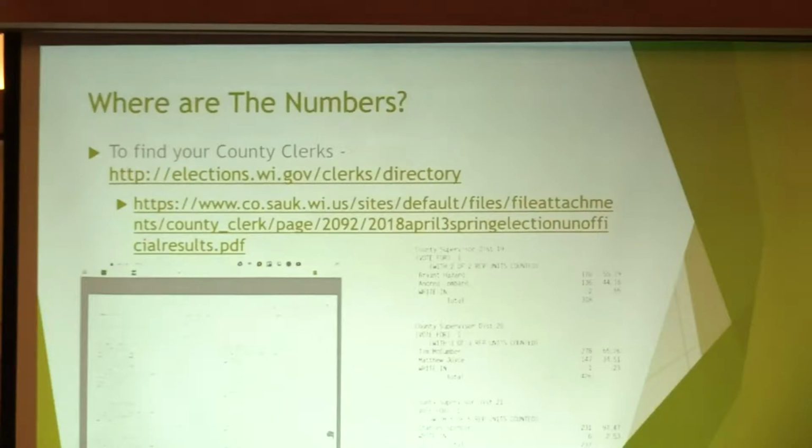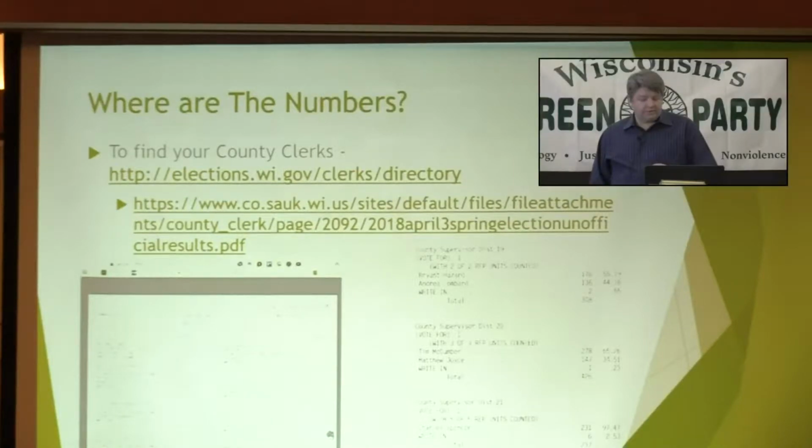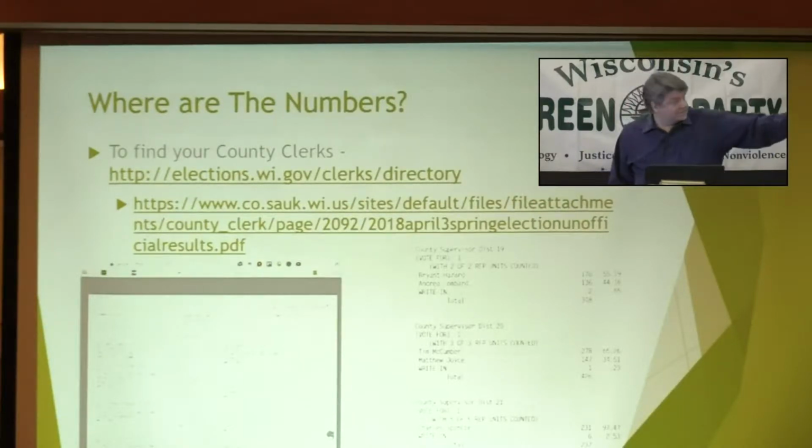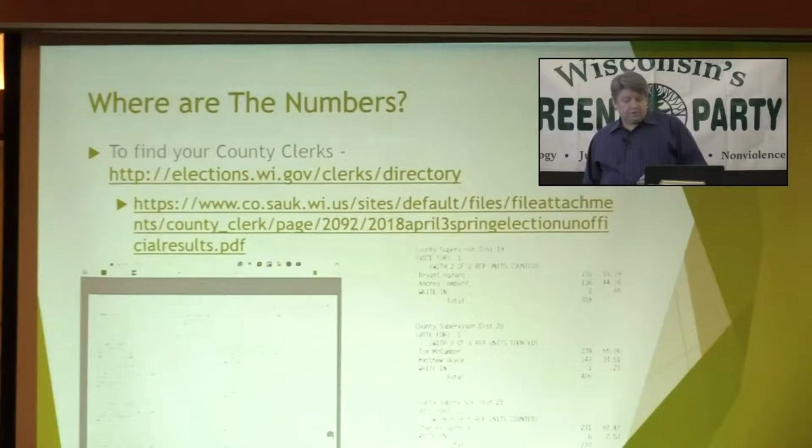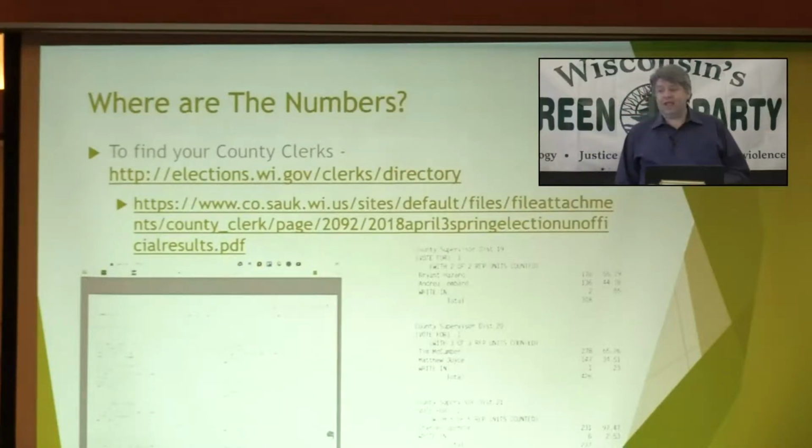I want to point out something else here, and Josh kind of alluded to this on one of the races that he was referring to. So county supervisor for District 20, how many votes did it take to win that? That's the second one on this list here. That particular one had 426 votes cast total.